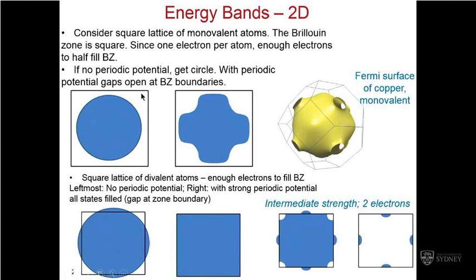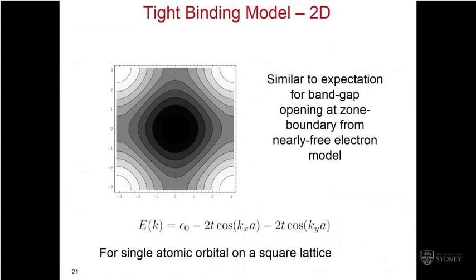So the filling of the complete Brillouin zone reflects that your bands are filled up to the complete edges of the Brillouin zone. And if you have intermediate strength, you can have these kind of unusual Fermi surfaces in 2D.